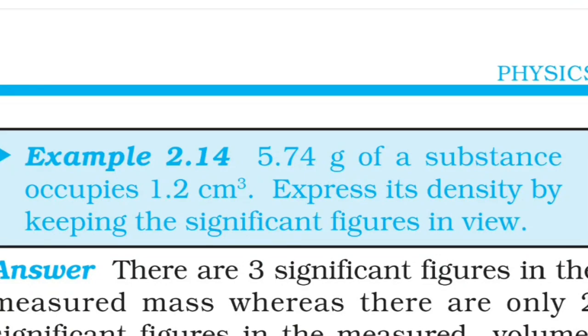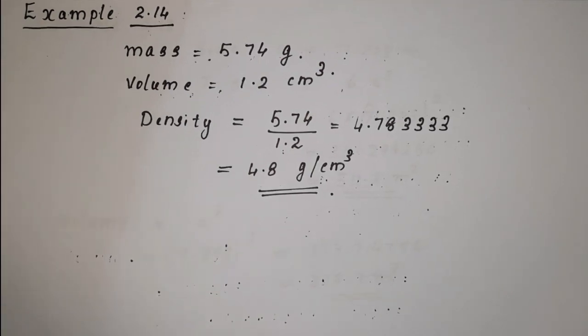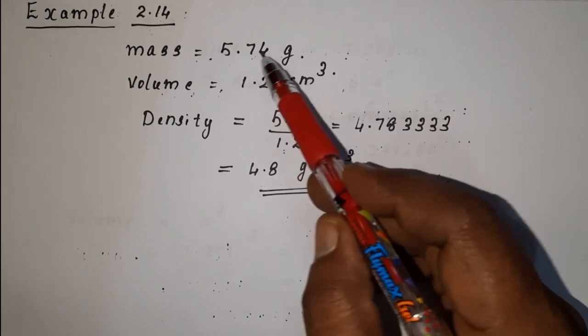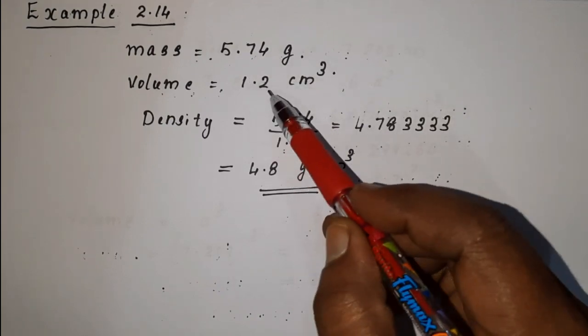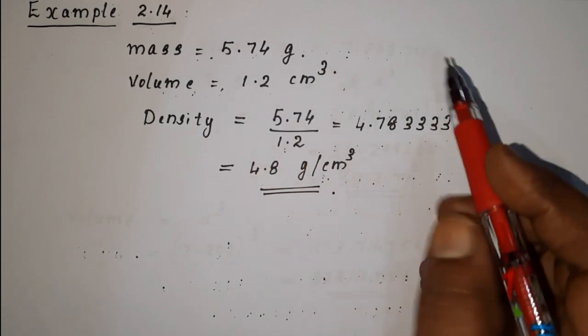Now question number 214. 5.74 gram of a substance occupies 1.2 centimeter cube. Express its density by keeping the significant figures in view. In this example, mass is given to 3 significant figures, volume to 2.